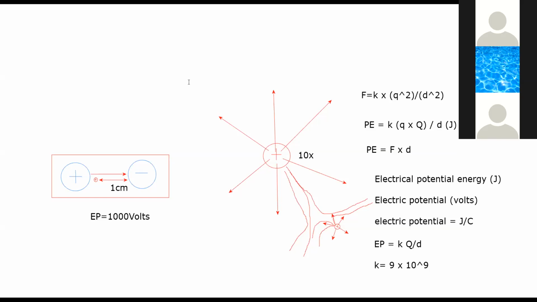Here is the question: I have a small positively charged particle in an electric field. I'm going to move it 1 centimeter until it stops at the negatively charged spot. The electric potential of this field is 1,000 volts. What is the charge on this little thing?